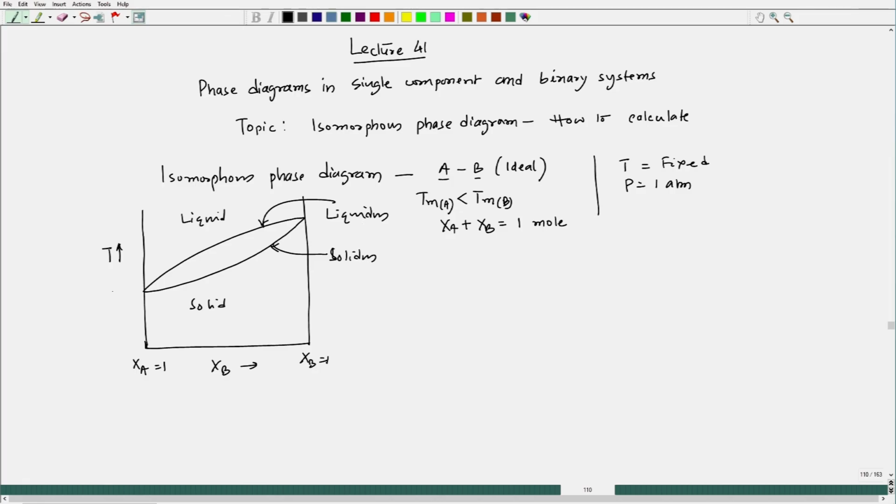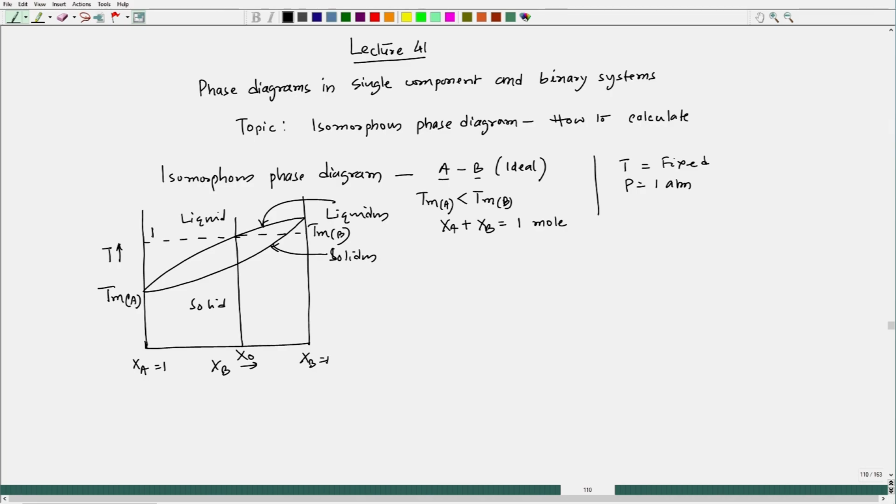At the same time, we could see that this is Tma, this is Tmb, and if we take any composition to start with, let us say this composition is X0.